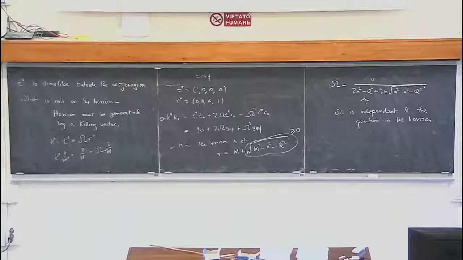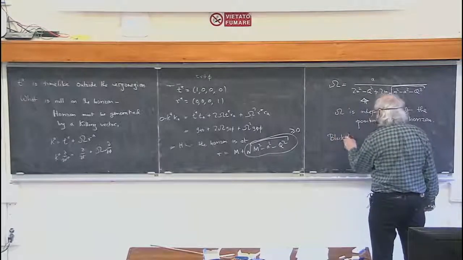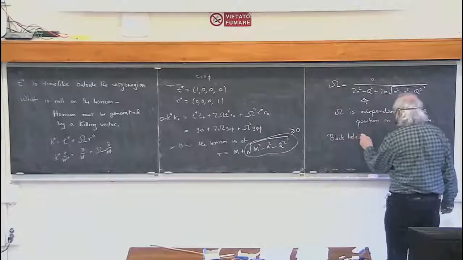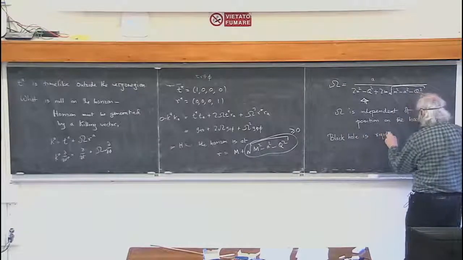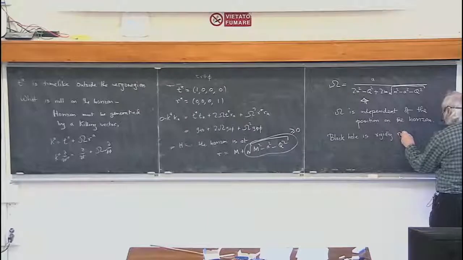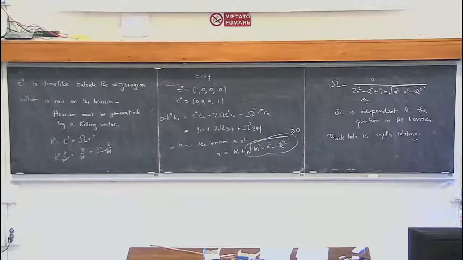You can put it another way if you like. You could say the black hole is rigidly rotating. In other words, it's rotating like the Earth does.